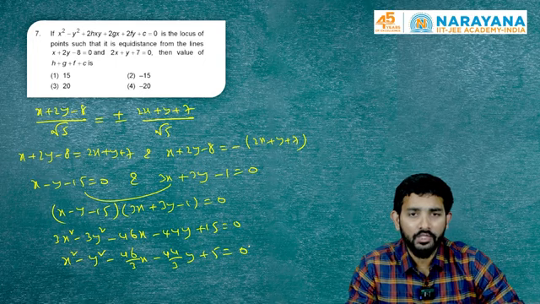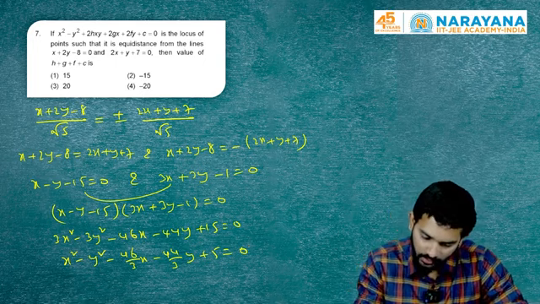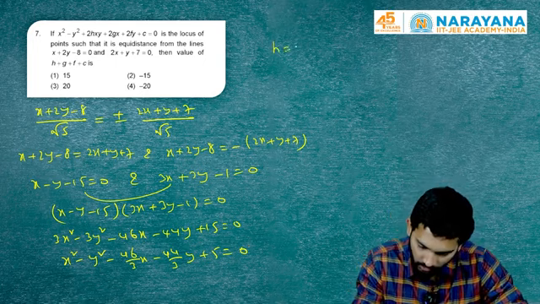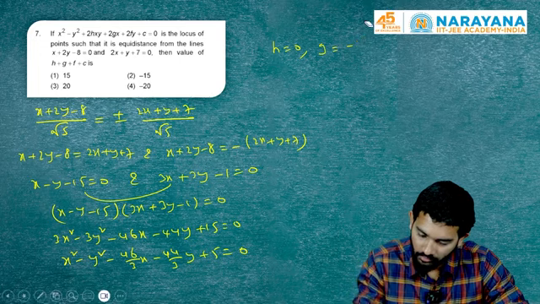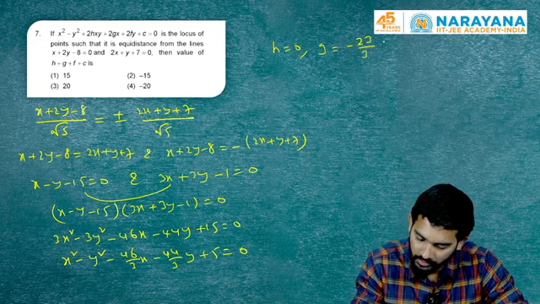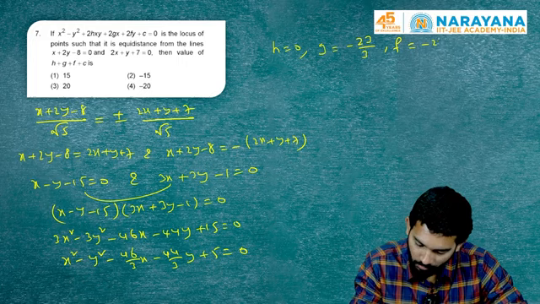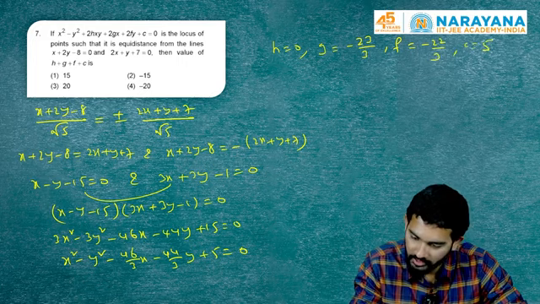Now if you compare this with the given equation, what we are getting here is h is equal to 0, g is equal to minus 23 by 3, f is equal to minus 22 by 3, and c is equal to 5.